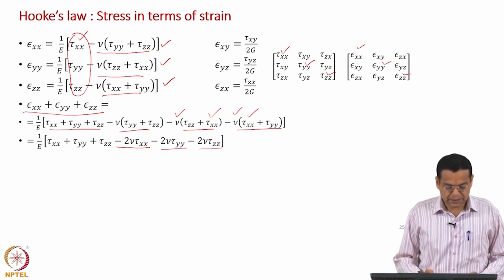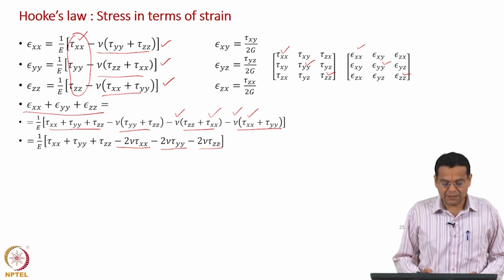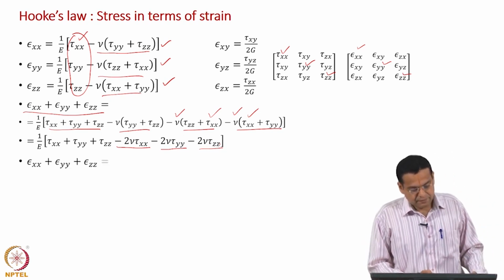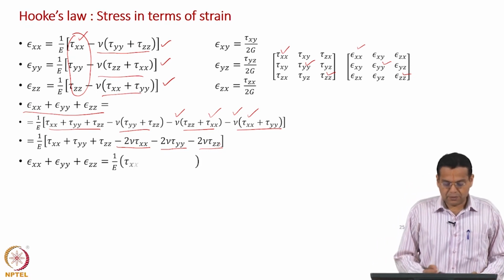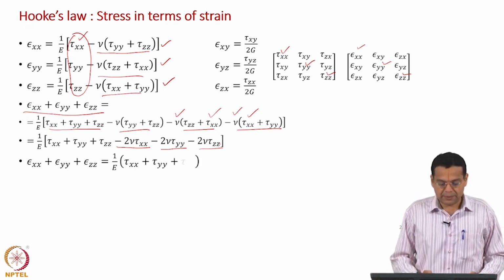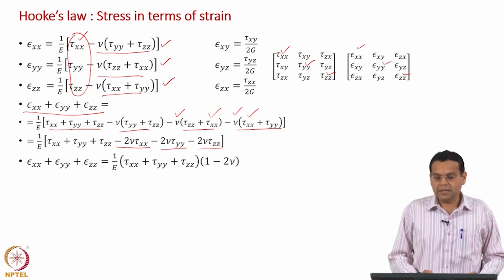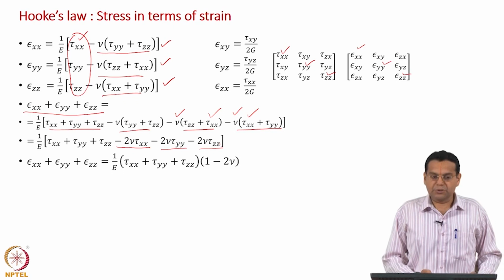Now, if you look at this, the sum of normal stresses tau xx plus tau yy plus tau zz is common. So, let us take that out. This term is common. What is left out is 1 minus 2 nu. Okay.